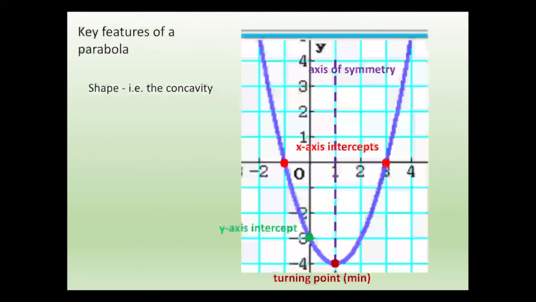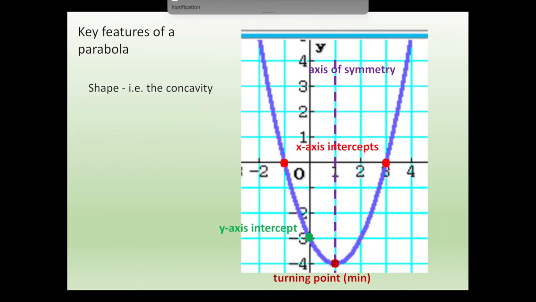Now, let's have a quick look at key features of a parabola again. What you really need to know when you sketch a parabola is the shape, the concavity. It could be a U shape, which is concave up, or an N shape, which is concave down. At this stage, we are concentrating on concave up.